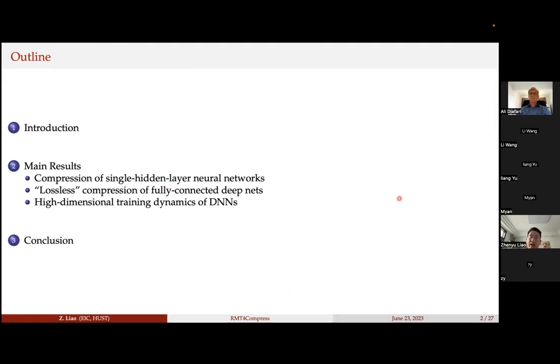And at the very end, if I have some time, I will mention how to apply random matrix theory to characterize the training behavior, the learning dynamics of neural nets with gradient descent.